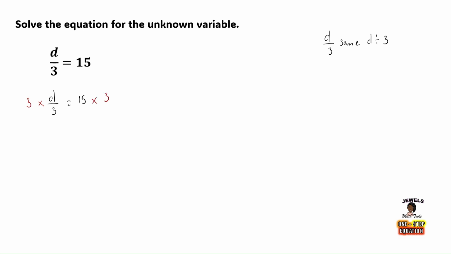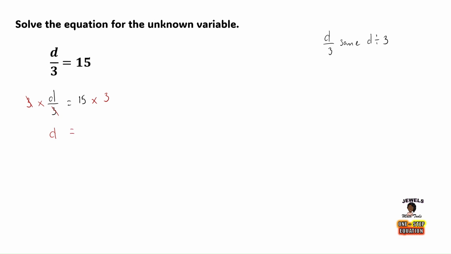So in a sense, I'm using my cross multiplication method. I'm going to be multiplying both sides of the equation by 3. So 3, when multiplied to d over 3, my 3s will cancel, and this will remain with just d on the left-hand side.